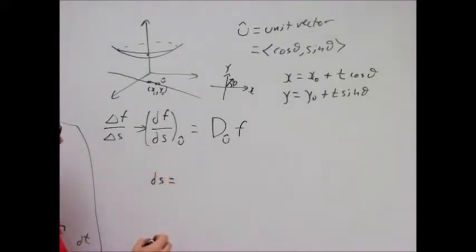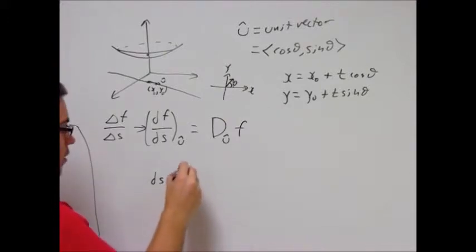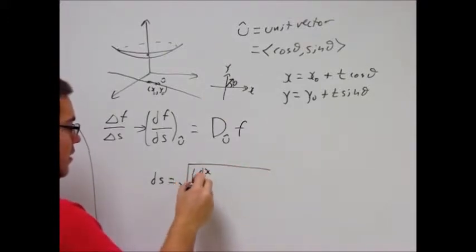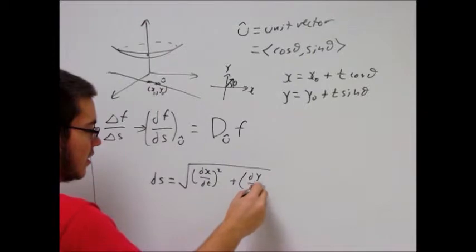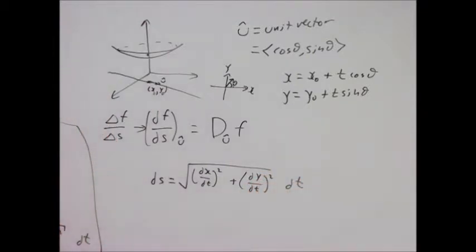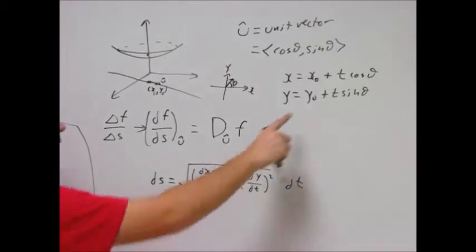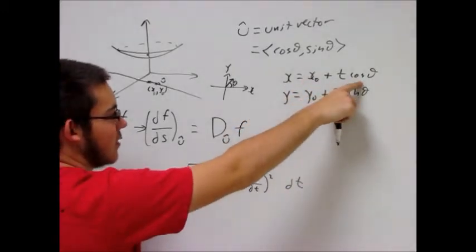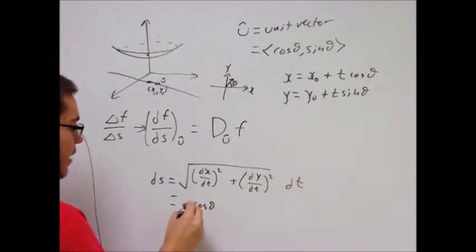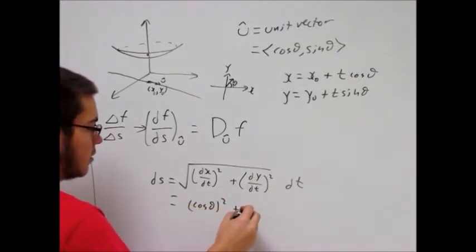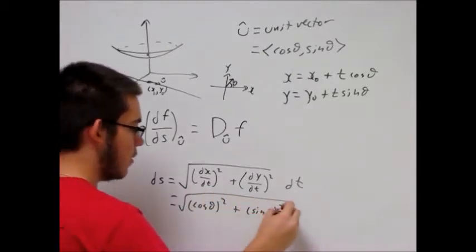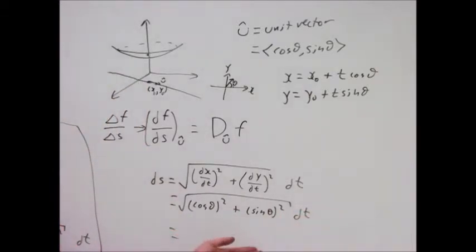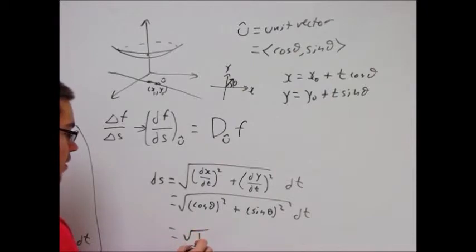I know ds is just the square root of (dx/dt) squared plus (dy/dt) squared dt. From right here, since x naught is a constant, the derivative with respect to t would just be cosine of the angle squared plus sine of the angle squared. I know that cosine squared plus sine squared equals 1, so the square root of 1 dt, so ds equals dt.